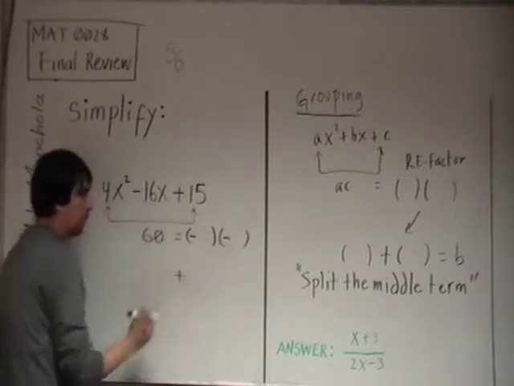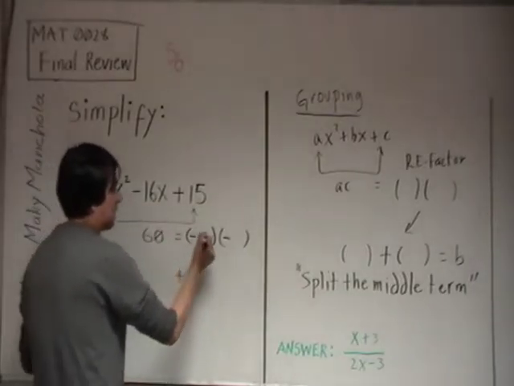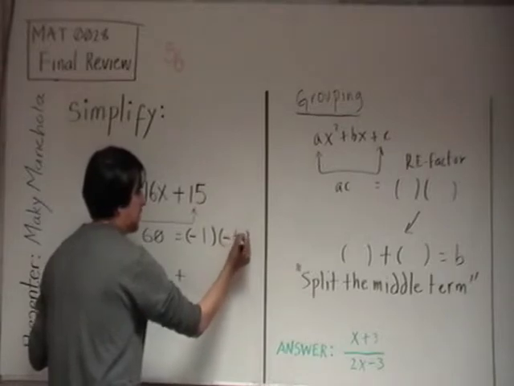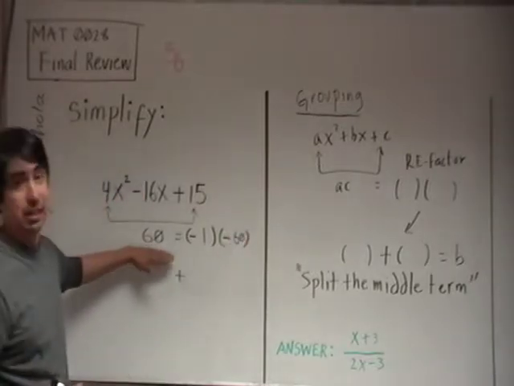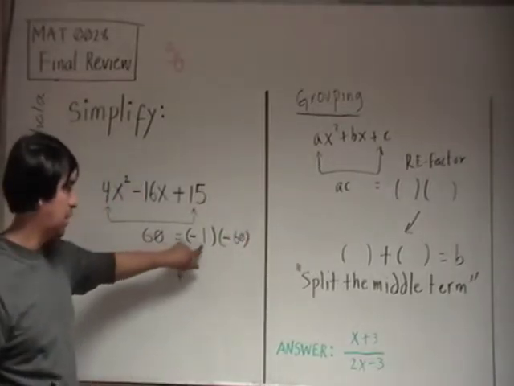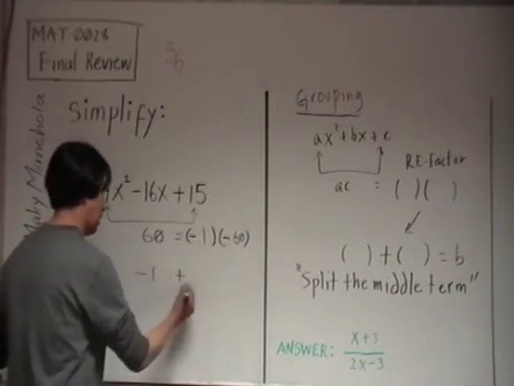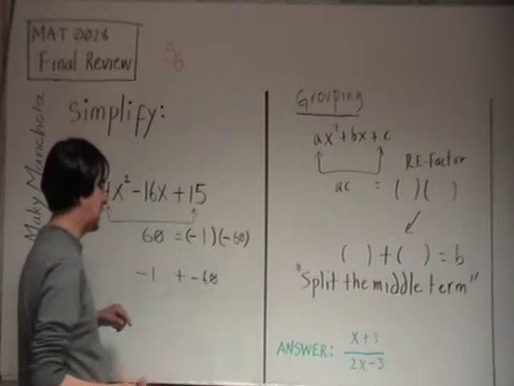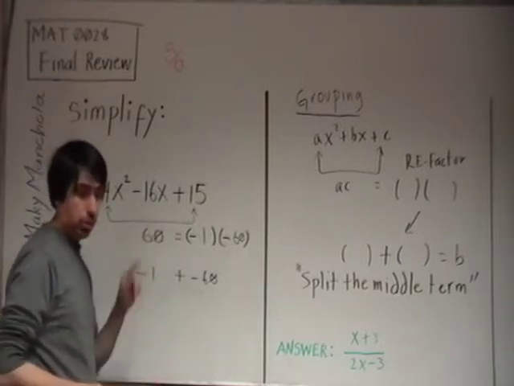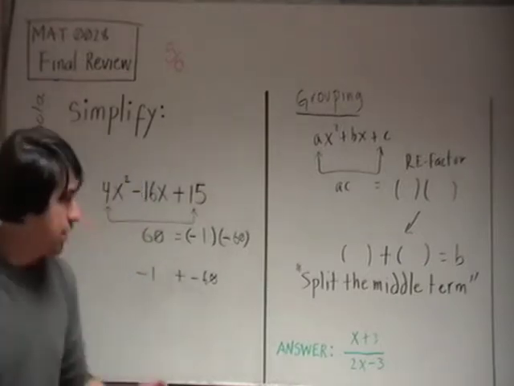I could say negative 1 times negative 60, because that gives you 60, but unfortunately negative 1 plus negative 60 is negative 61. That's not what we want. We want negative 16.